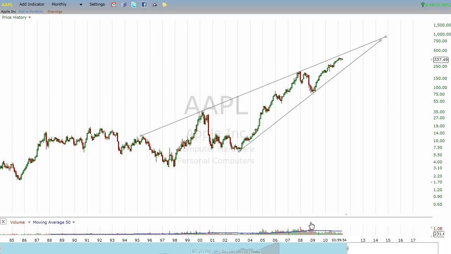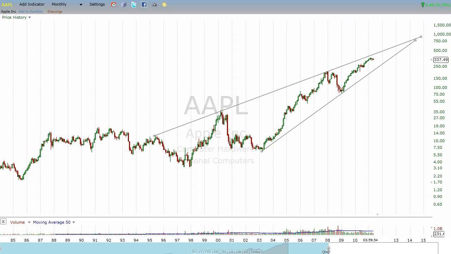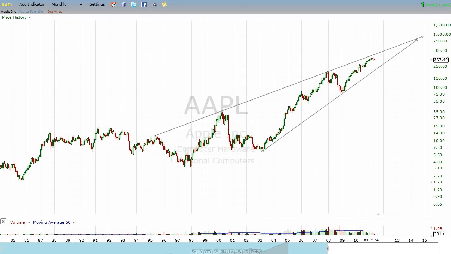Since 1984. By the way, you could have bought Apple for about $1.80 back in '85 rather. Man, I wish I had. So anyway, let's look at it now as an arithmetic chart.